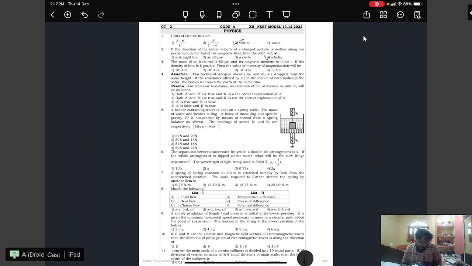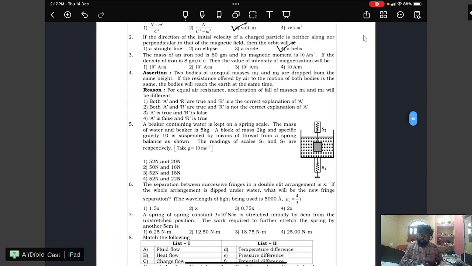Now the next question they are saying: the mass of an iron rod is 80 gram and its magnetic moment is 10 ampere into meter square. If the density of iron is 8 gram per centimeter cube, then the value of intensity of magnetization will be?